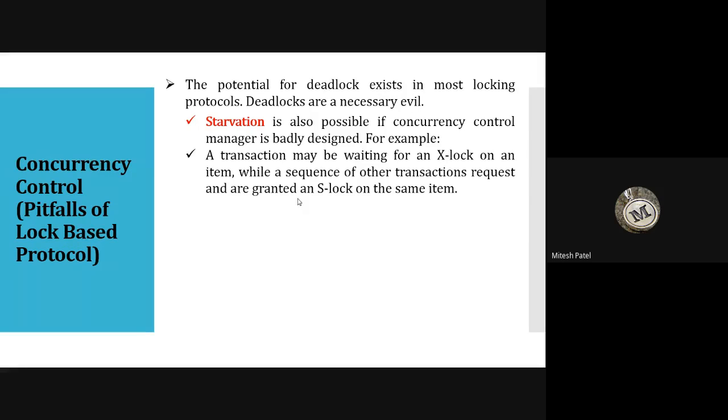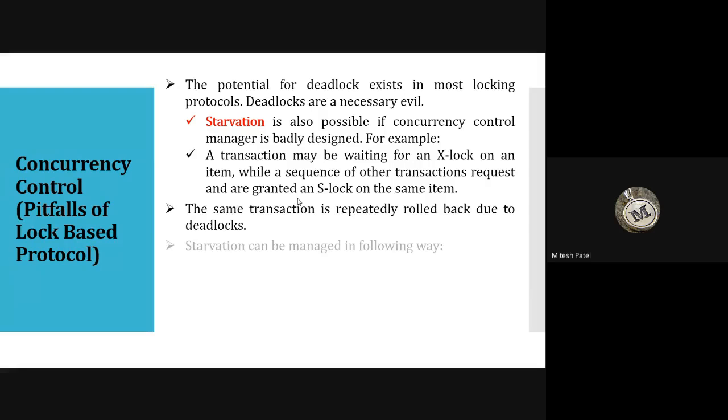Either T3 or T4 or any transaction is waiting for an X lock on a particular item, while, remember this thing, a sequence of other transactions request and are granted the S lock on the same item. Then that transaction has to wait repeatedly, and the same transaction is repeatedly rolled back due to the deadlock. If it is repeatedly rolled back, it will never get its chance. That is known as starvation.